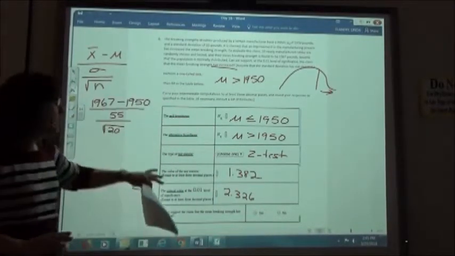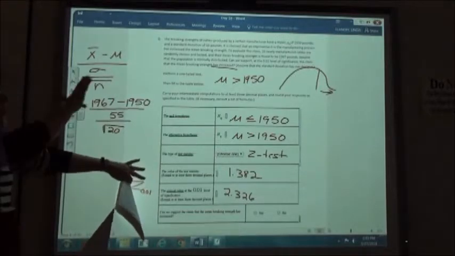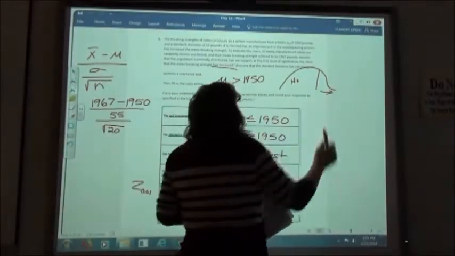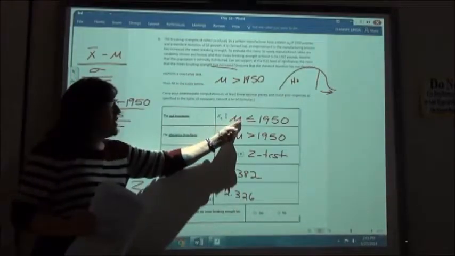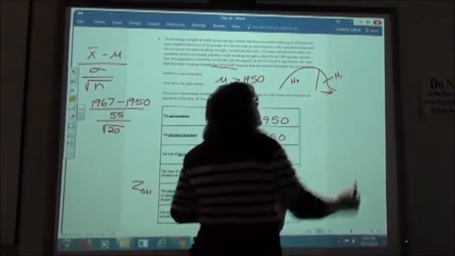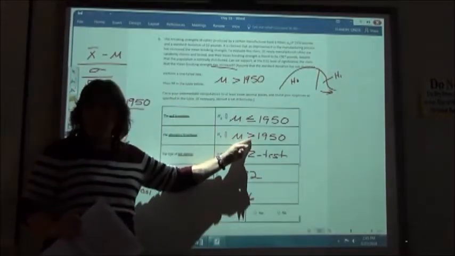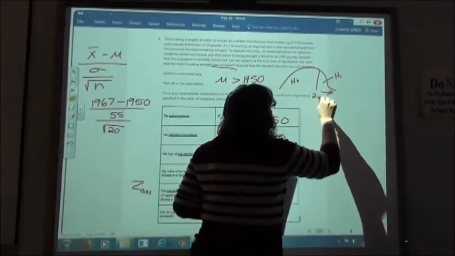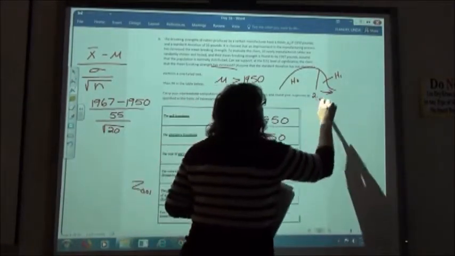2.326. Okay. So if I'm interpreting that, this is where my null is, because that was the less than or equal to section. This is where my alternate is, because that's the greater than section. My critical value is 2.326.